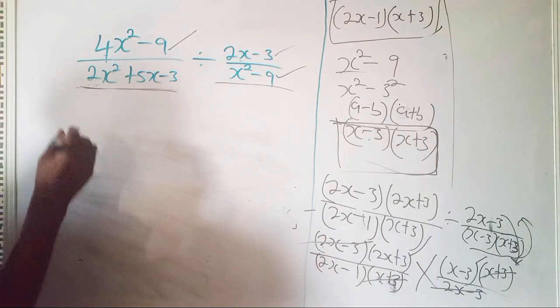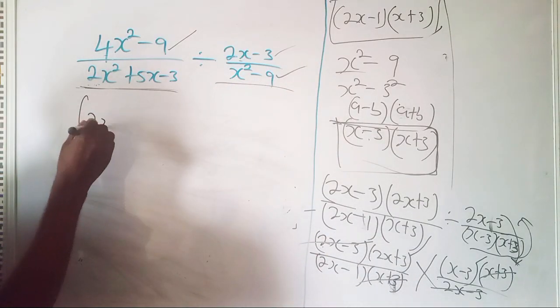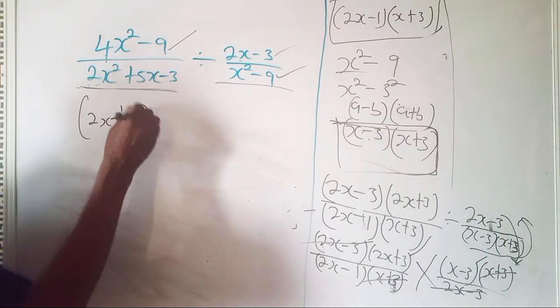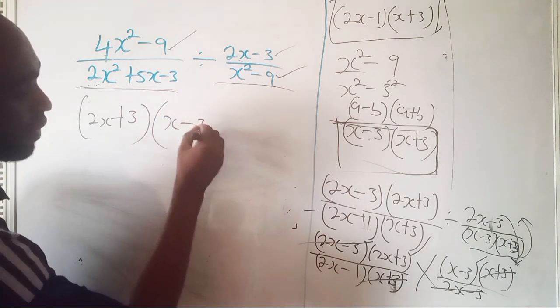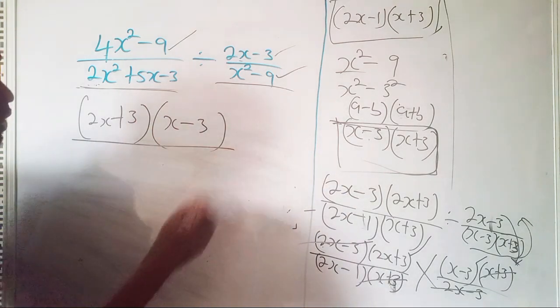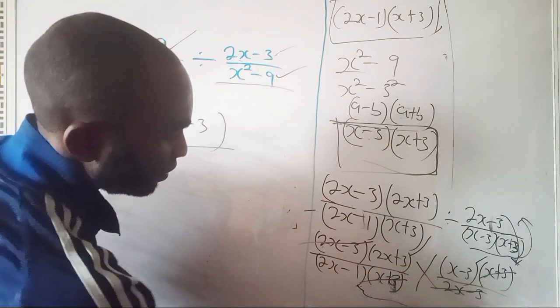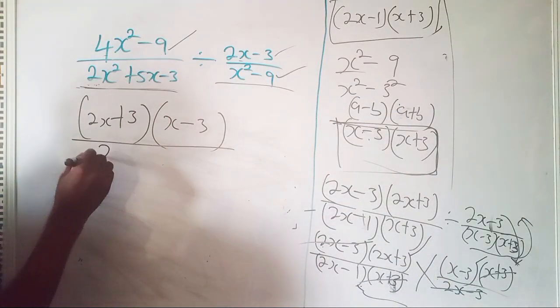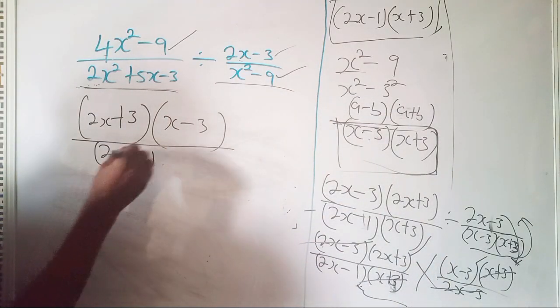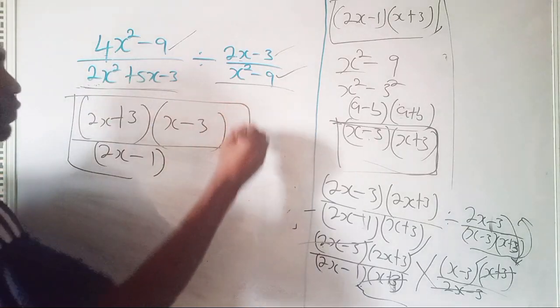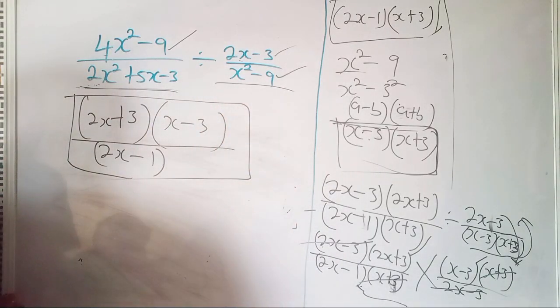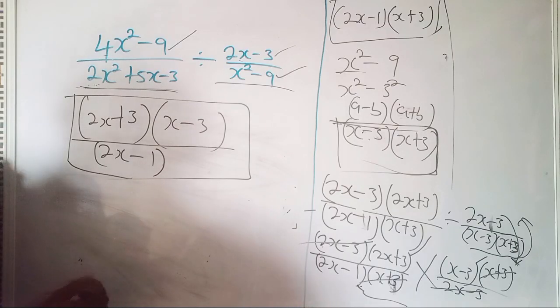So let's multiply it together by saying (2x plus 3) and what? And (x minus 3) all over. Down is this, the only thing that is left, all over (2x minus 1). So this is where we can stop, but we can set restrictions. What is a restriction?